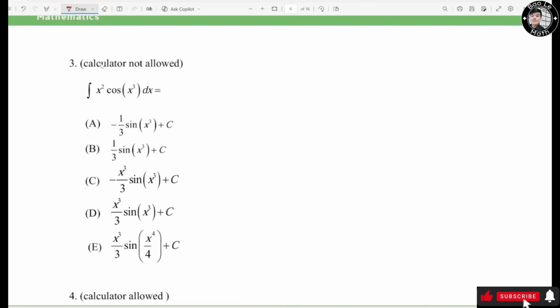Now question 3. We need to use u substitution. We're going to let u be s cubed. Then du equals 3s squared ds, and then s squared ds equals 1 over 3 du.